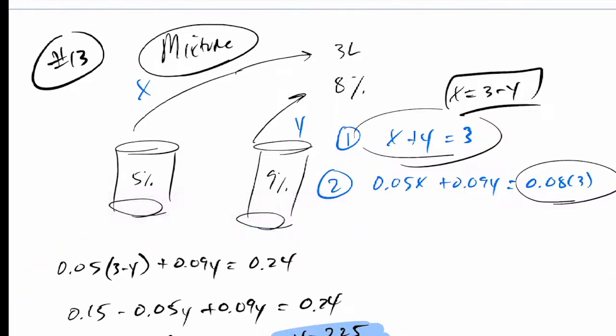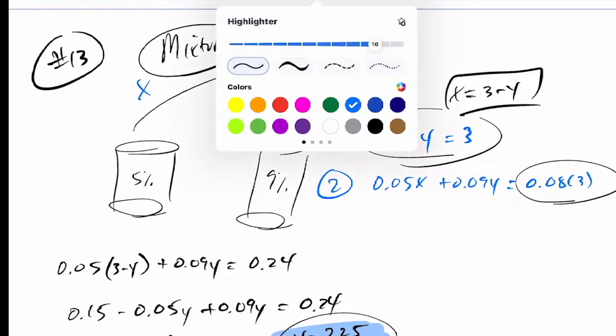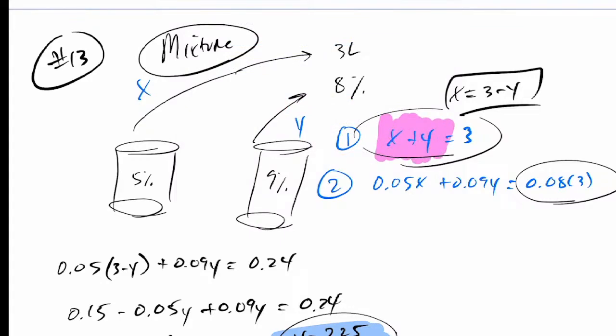Once I got this y value, you know that it has to sum to be 3. So if I sub it back up top in equation 1, you end up getting 3 here. So my x value is 0.75.